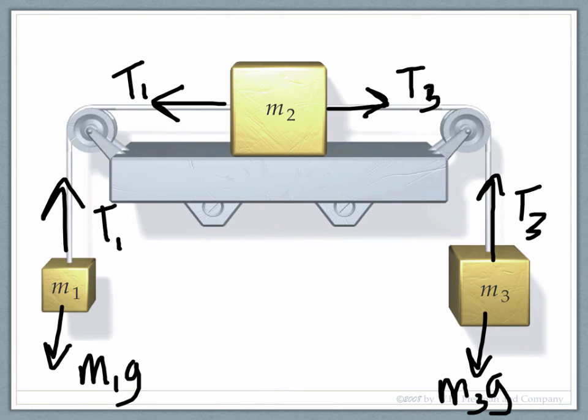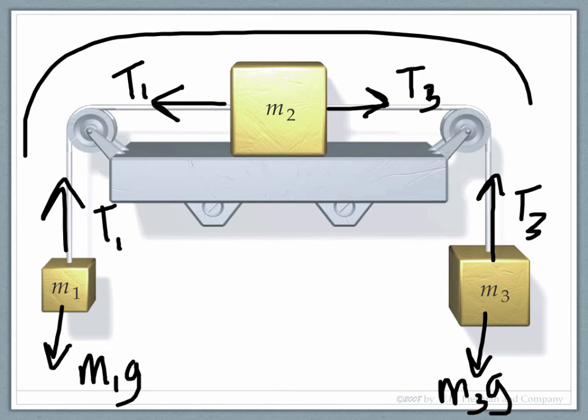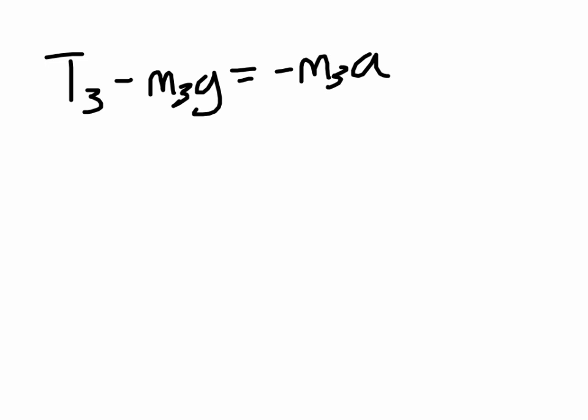I'm going to take away that gravity and the normal force there because looking at the system, it looks like block 3 is bigger than the rest, so the whole system is going to accelerate in that direction. So I'm going to call the direction with the arrow positive and write my equations for each. So for block 3, I have T3 up minus M3G down makes M3 accelerate downwards.